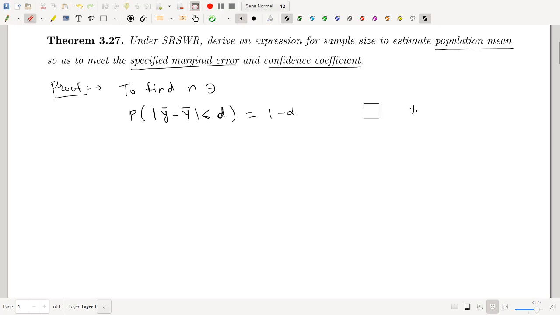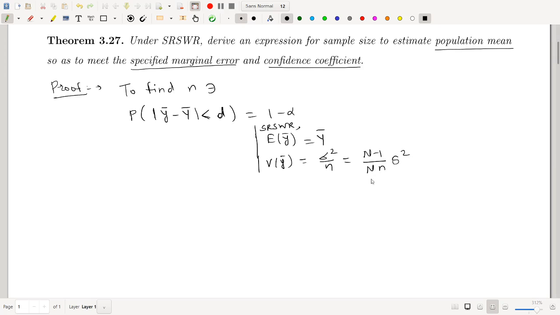Now, you know the expected value of small y bar under the SRSWR method is capital Y bar, and the variance of small y bar is sigma square by n. You know this formula, but we have to write the formula in terms of S square, the population mean square. In terms of population mean square, the formula is n minus 1 upon n S square.